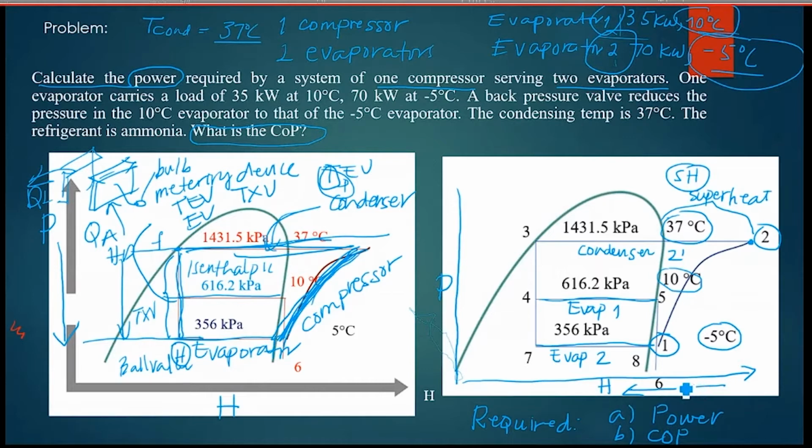When you go backward to the left, you are reducing enthalpy, so you are de-superheating. When you reach this 2 prime here, that is saturated vapor.